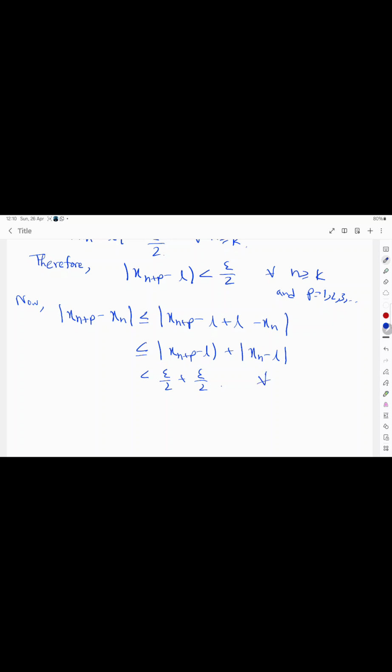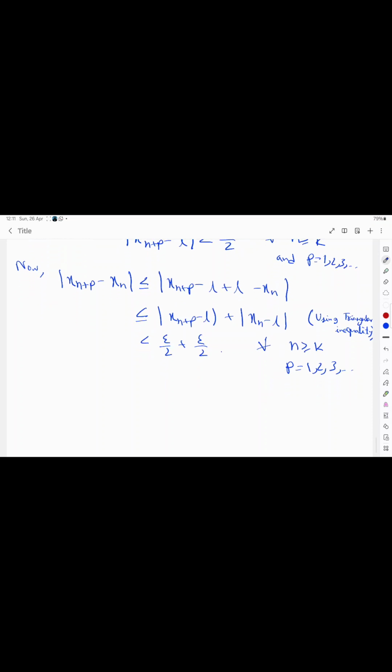This is using the triangle inequality, right? So you have proved this, so this proves that the condition is necessary.